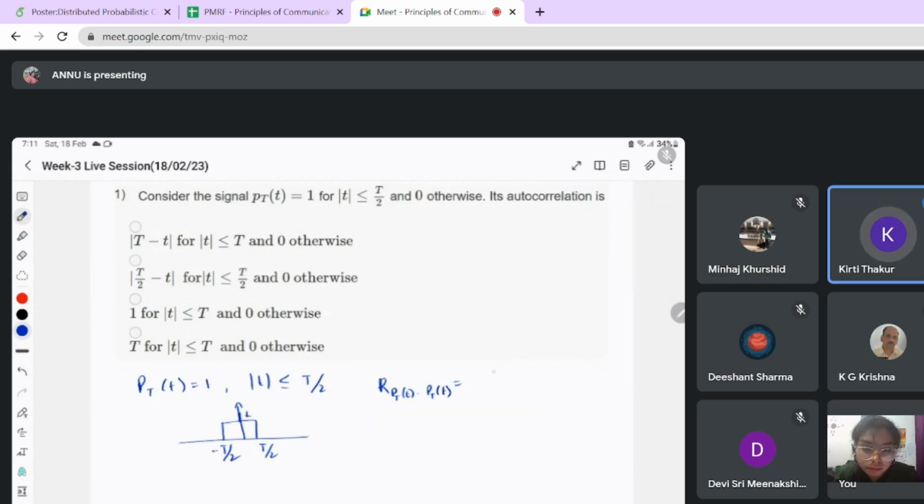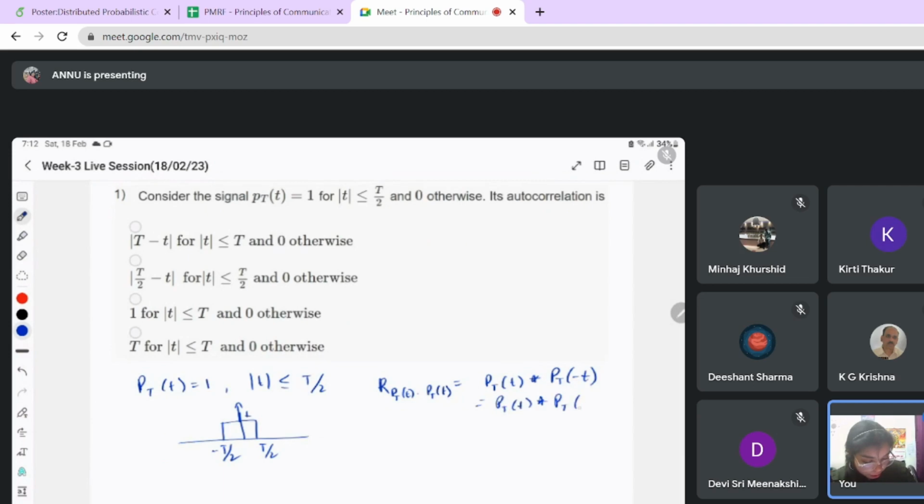Integration from minus infinity to plus infinity. Okay, that is the integral form. Just let me know the convolution form: when we convolve the signal with itself, with the negative version of p(t). Yes, ma'am. So here you will have the even signal, so p(t) convolving with p(t).